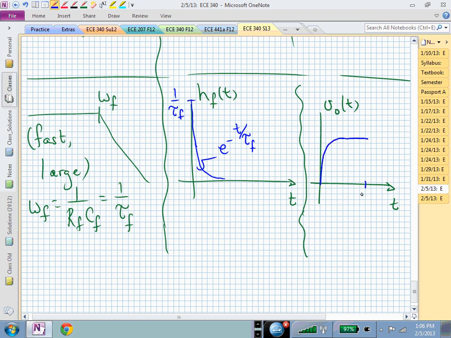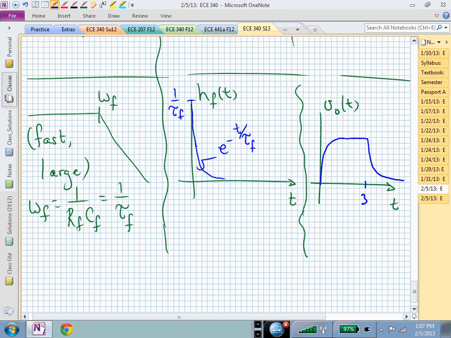And then we'll get to 3, and it will discharge very fast. And now that output looks almost like the input, doesn't it? And it all depends on how close this impulse response looks like an impulse function itself. The more that impulse response of your circuit or system looks like a true impulse, the more your output is going to resemble your input. That's what I'm trying to say qualitatively.